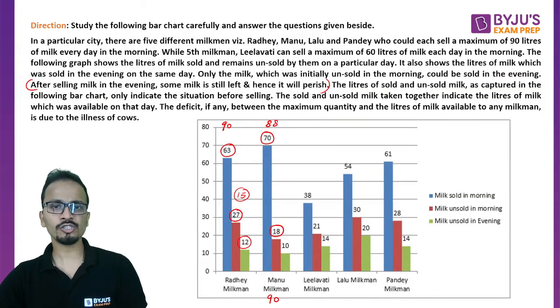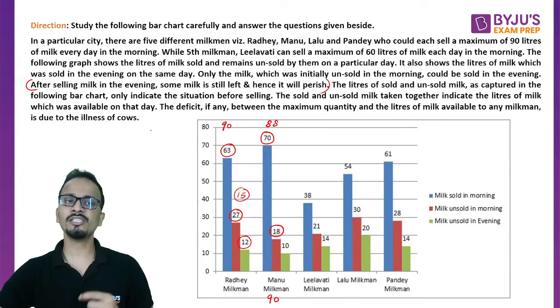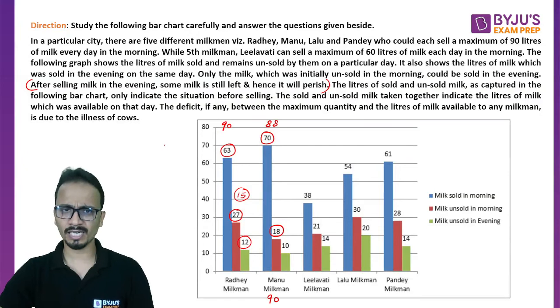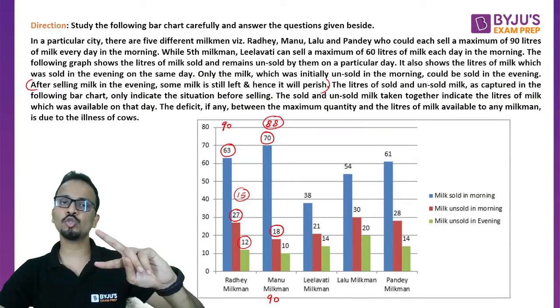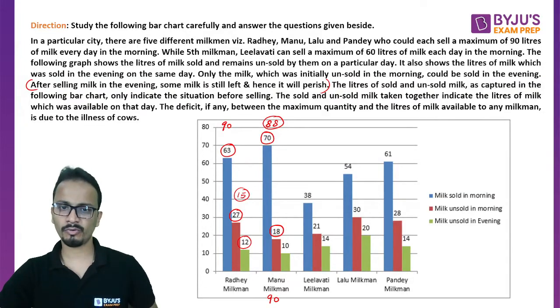So this difference of 2 liters, the difference between the maximum quantity and the liters of milk available is due to the illness of cow. So 90 liters maximum capacity था, ठीक है, but 88 liters ही milk लेके आया है वो, that means 2 liters कम है, so it is because of the illness of cow, right?